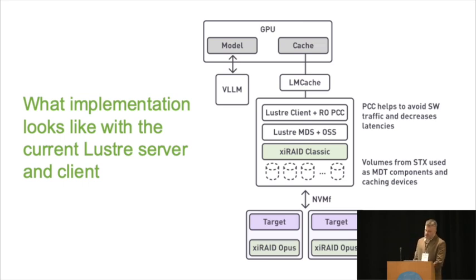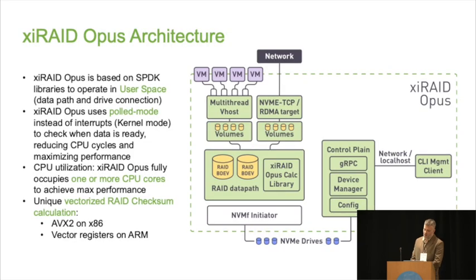The idea here is to utilize a read-only persistent client cache to decrease east-west traffic between compute nodes, because for Lustre it's not easy to force a client to read mostly from a local OSS. And Lustre should work as a backend for LMCache, which serves the key value cache for the model running on GPU.